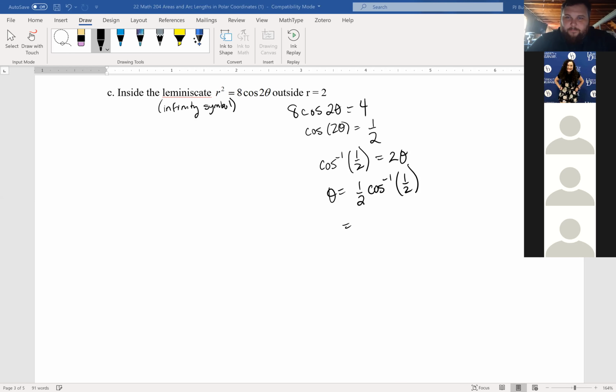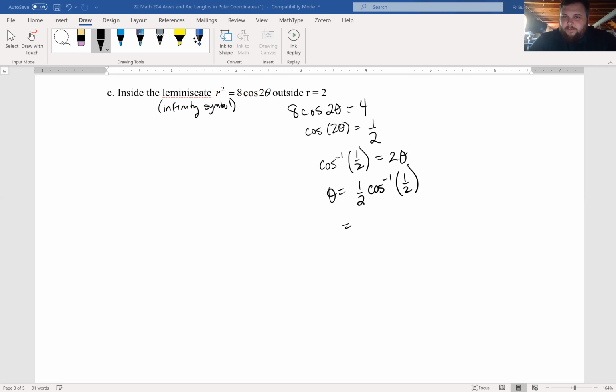So for the inverse cosine of 1/2, we would get things like pi over 3.